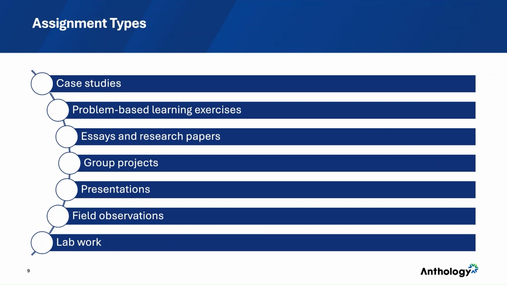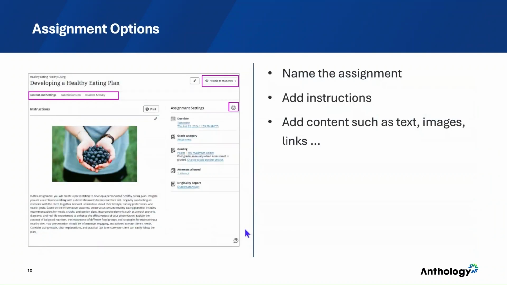You can also use the group option to create group projects and request group submissions there. Maybe if you have in your course a presentation or field observations or maybe a lab work, those will be part of the type of assignments that you can create through the same item that we are going to cover right now.